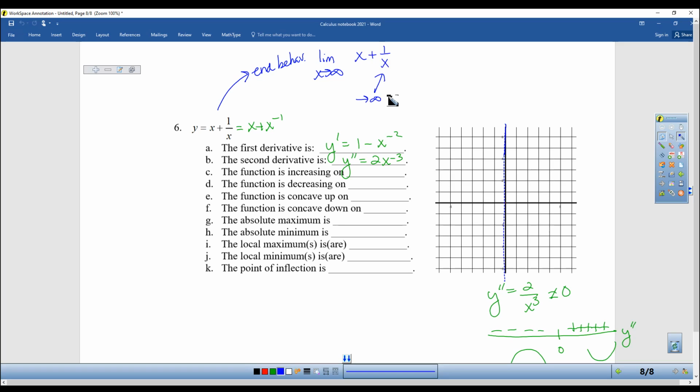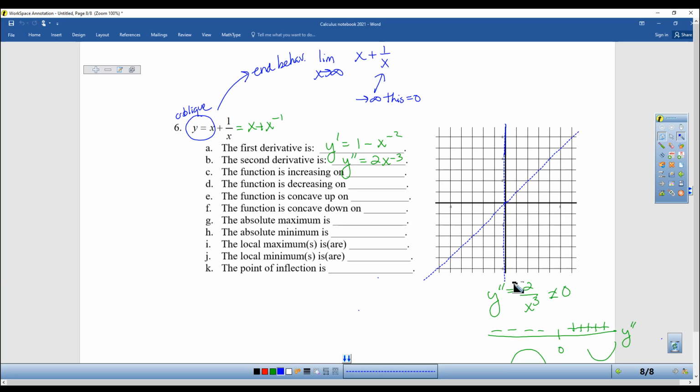As you go to infinity, this is going to equal 0. So only this is my oblique. So y is equal to x. And in the other direction, y is equal to x. So now I have my oblique asymptote.